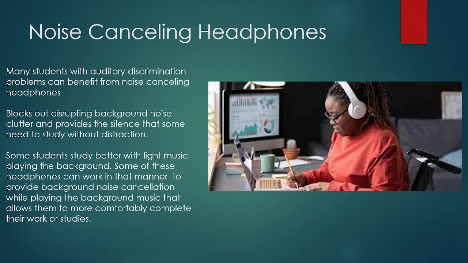Some students will also study better with light music playing in the background. So some of these headphones are not just low-tech headphones. You have ones that can play low-light music in the background while at the same time blocking out the distraction, and they can continue to work.